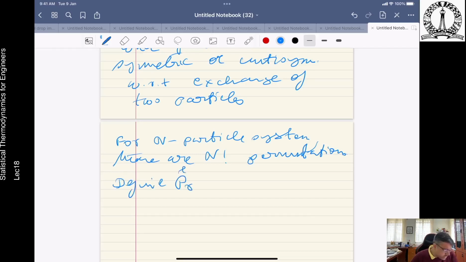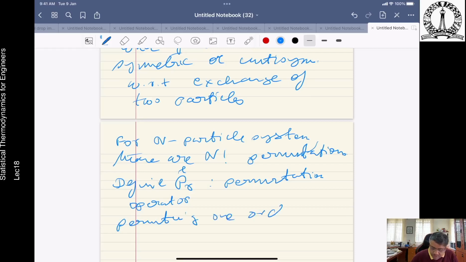So if we define PR hat, the permutation operator, permuting one order of the position vectors, R1, R2, up to Rn, to Rn, R2, R1.